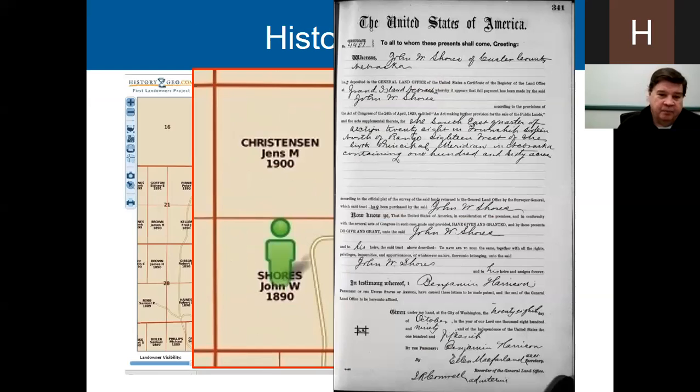And we can also get a copy of this, which is the original land patent. This indicates he was absolutely the first landowner of this particular piece of land, and he basically homesteaded it, made the necessary improvements, and got the land from the federal government.